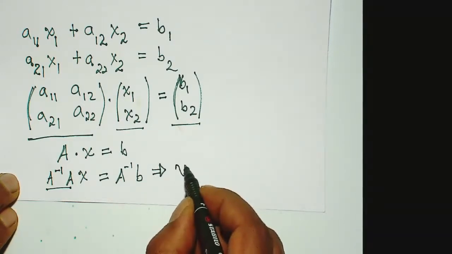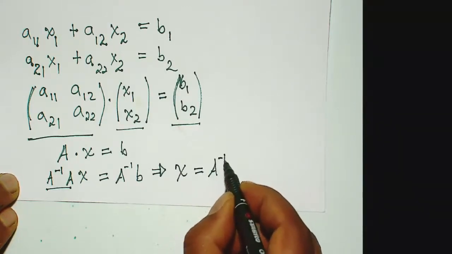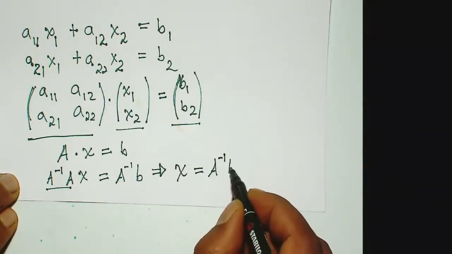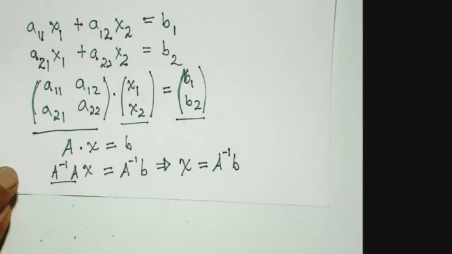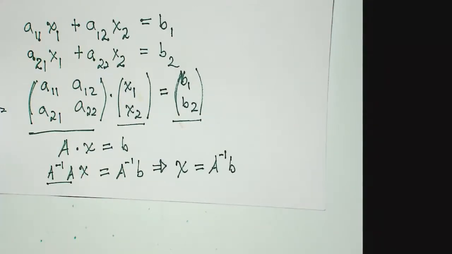This would lead to an equation which says X is the inverse of matrix A multiplied by B. So if you convert these equations into the matrix representation that we have just seen here, you would be able to solve for x1 and x2.